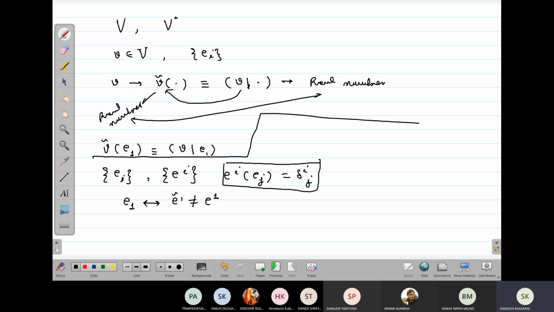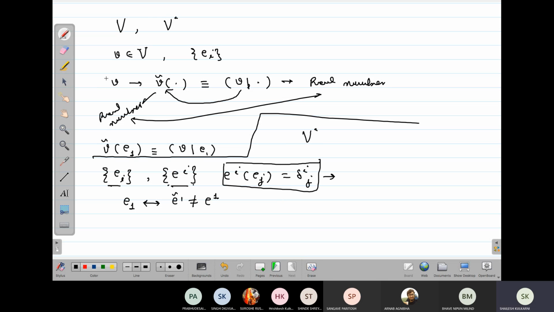So you must be very careful. Is this point clear? Corresponding to a dual space V star, you have a dual basis. For a given basis for V, I have a dual basis for V star, and this dual basis is defined through this relation.